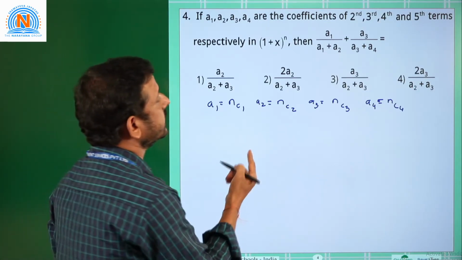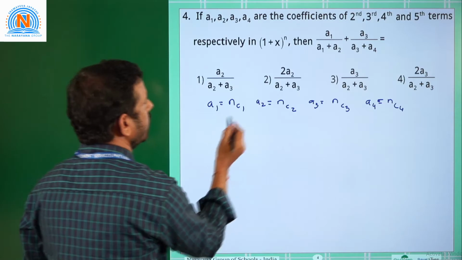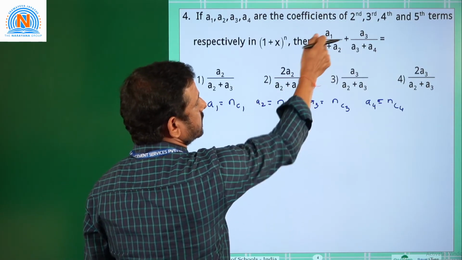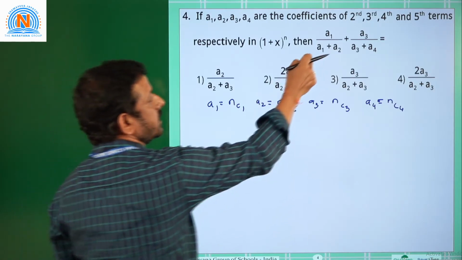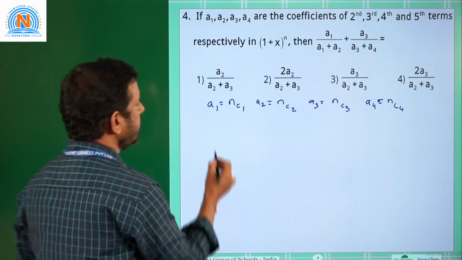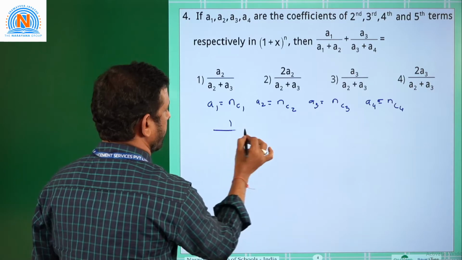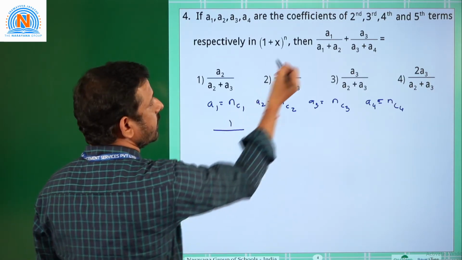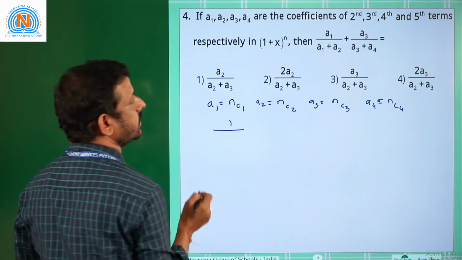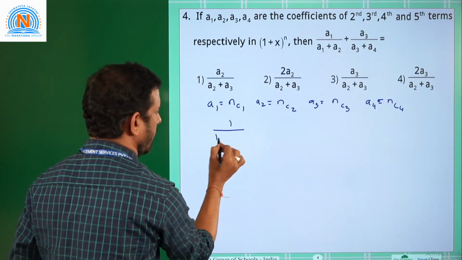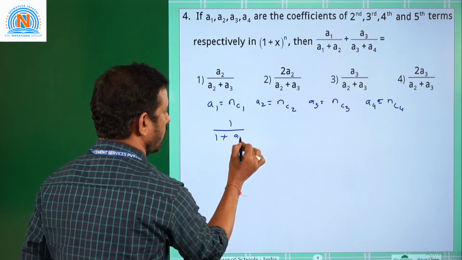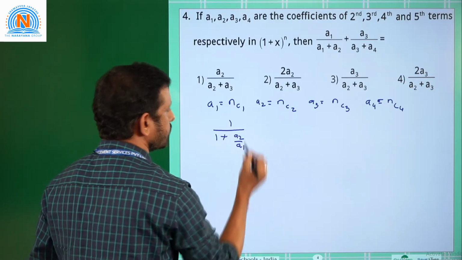Now instead of taking the LCM or simplifying it, we will divide each term in the numerator of the first part with A1, as well as in the denominator also with A1. I can reduce the entire expression as 1 by, because I am dividing with A1, A1 by A1 is 1, plus again A1 by A1 is 1, plus A2 by A1.